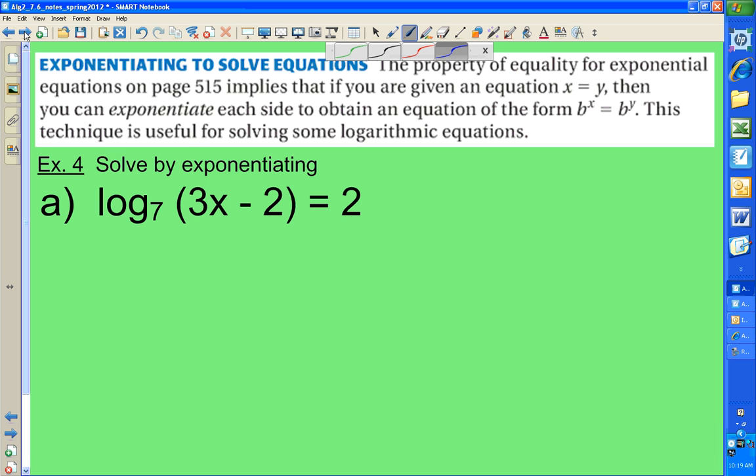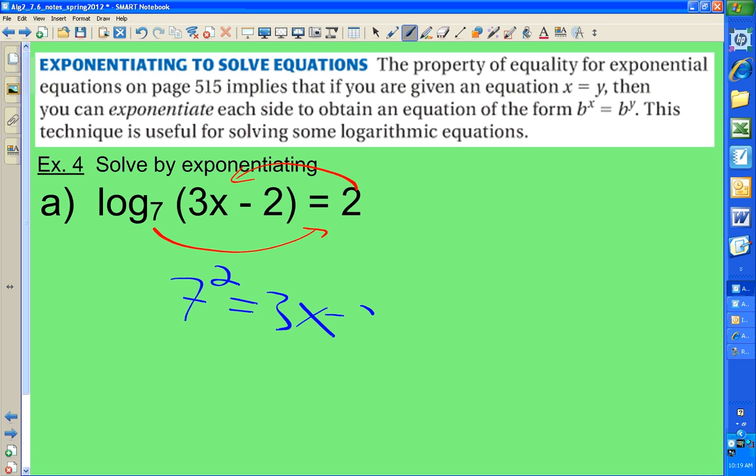Use the definition of a log. When you get stuck here, the definition of a log is going to get you out of stuck most often. So when we use the definition of a log, we're going to get 7 squared equals 3x minus 2.